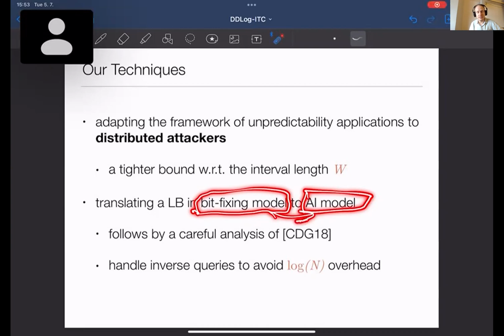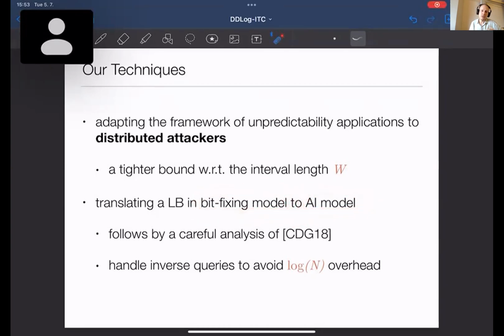This is non-trivial, and there's usually some loss in the proof. Fortunately for us, if you take the proof of Coretti, Dodis, and Guo from 2018, then this type of statement follows also for distributed attackers, and that is okay.